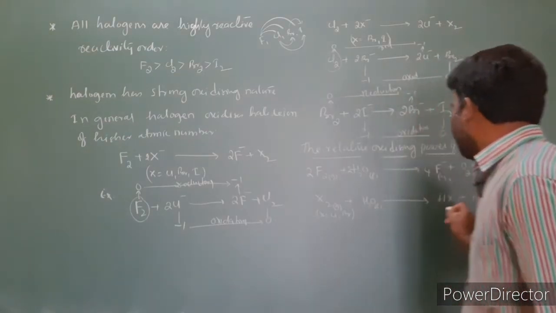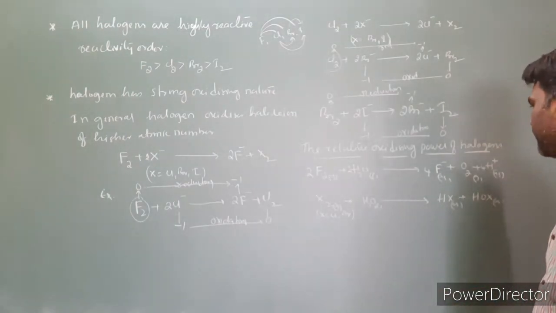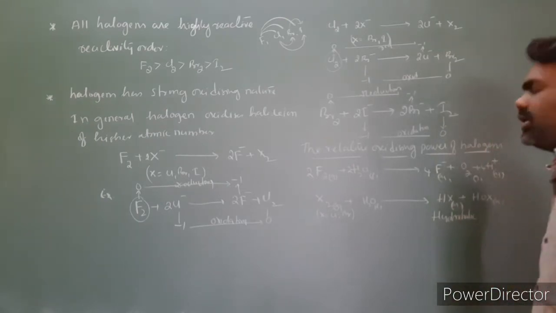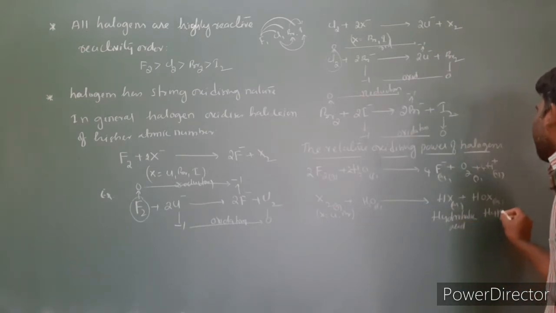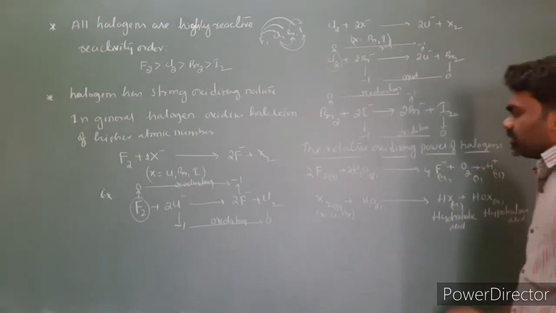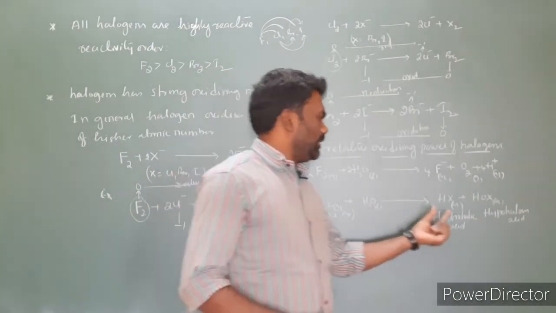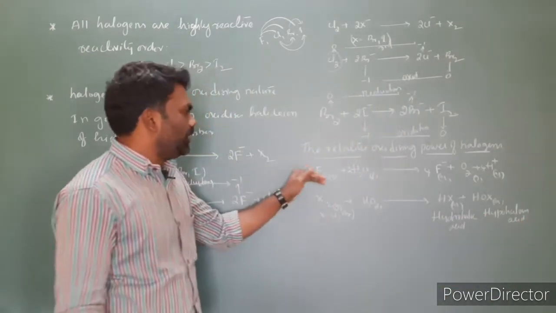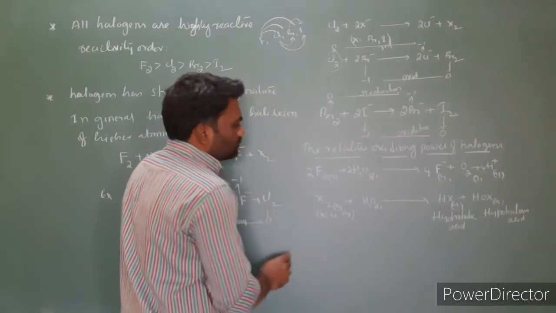This is aqueous and this is also aqueous. Look at what the products formed are: hydrohalic acid and hypohalous acid. So chlorine and bromine react with water to produce hydrohalic acid and hypohalous acid, but fluorine is oxidizing water into oxygen. That is one difference.